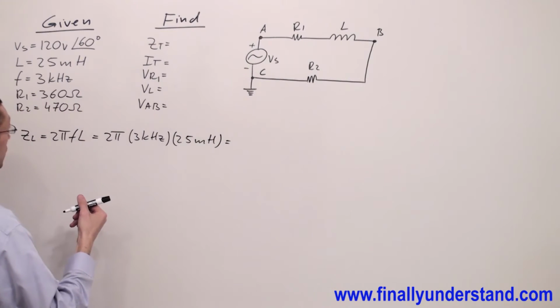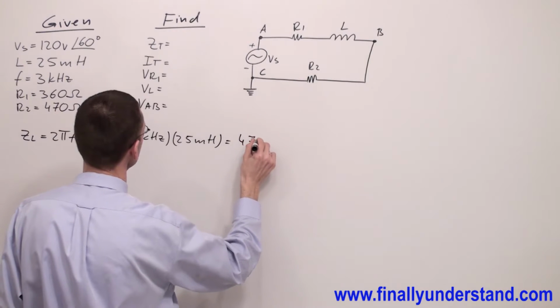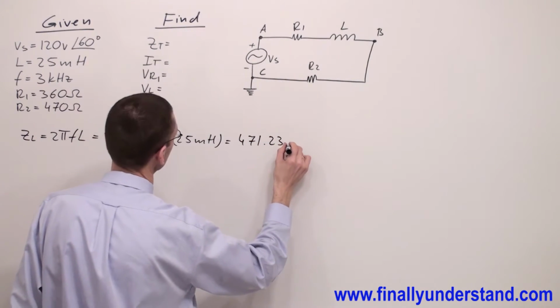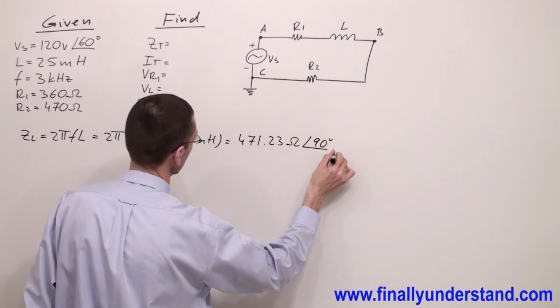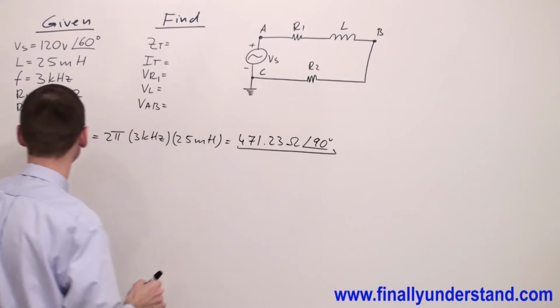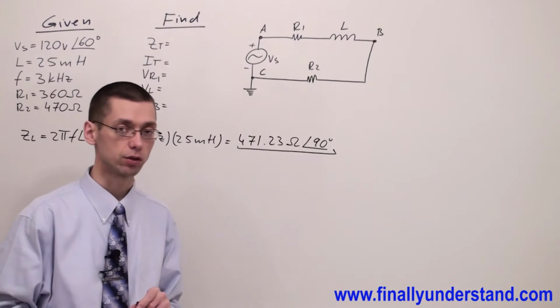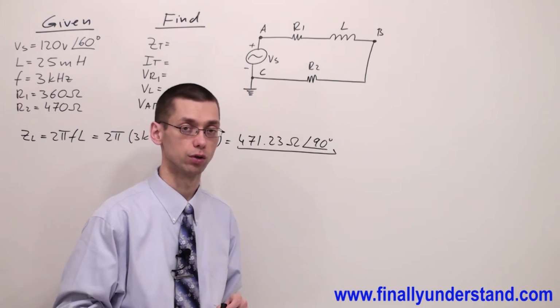Use the calculator and you're supposed to get the value 471.23 ohms and angle of 90 degrees. Remember, anytime we talk about the impedance of an inductor, we're supposed to always add angle 90 degrees or J.